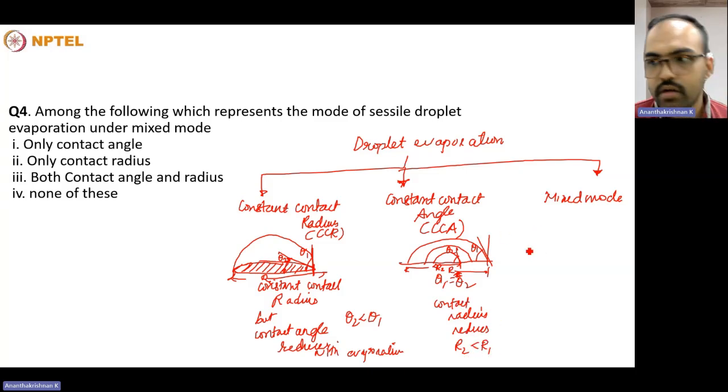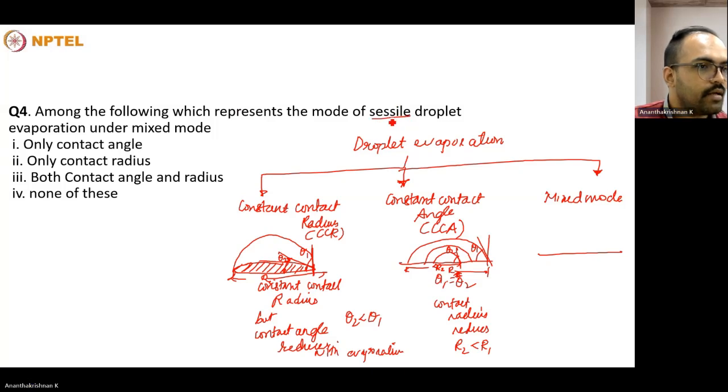In the mixed mode, both contact angle and the contact radius reduce. It's a combination of the first and second. That is the mixed mode of sessile droplet evaporation. Sessile means the droplet is stationary on the surface.